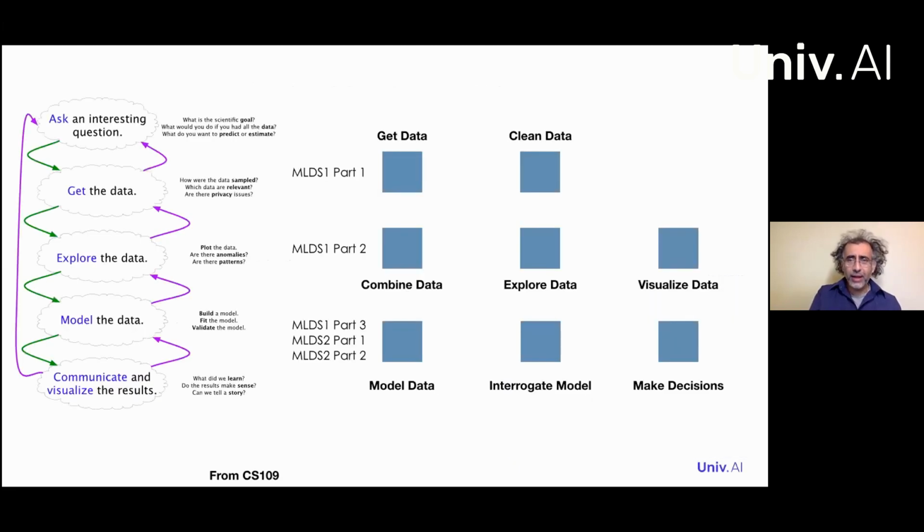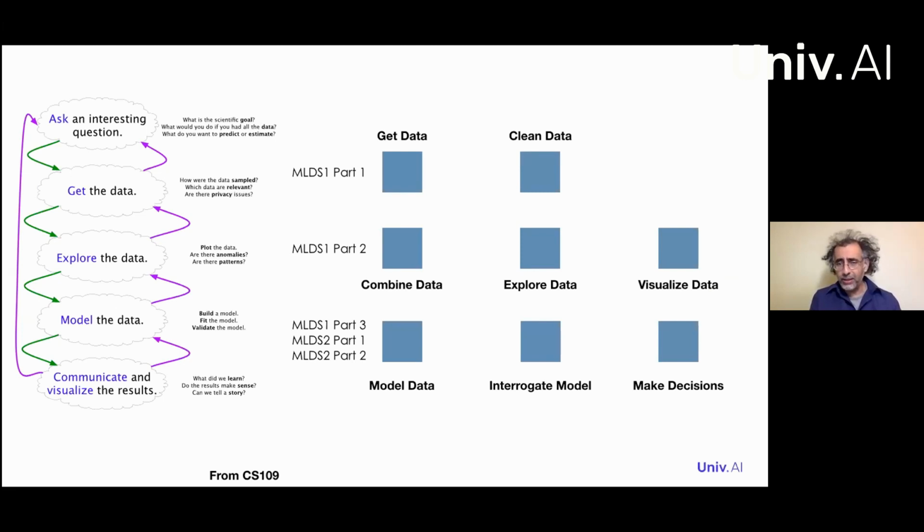So in this get data part, which we're going to mostly talk about, there's a lot of emphasis on getting the data from various sources, from various databases, and all of these kinds of things, and then cleaning the data. And this is the stuff we actually do in our course, in the DS1 course, as part 1. And then in part 2, we move on to combining this data together, exploring the data and visualizing this data.